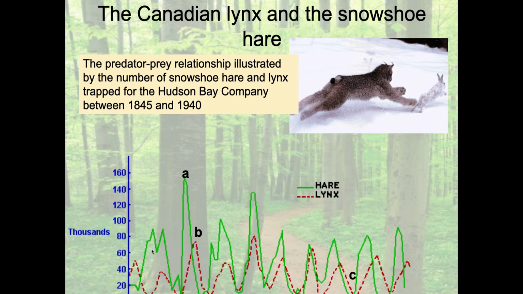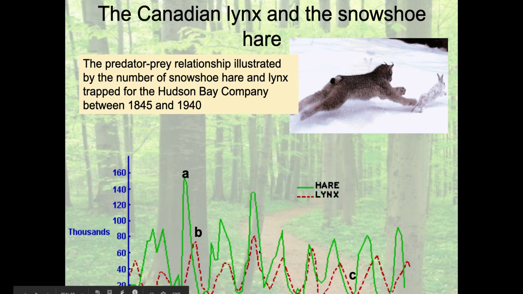You can see as the hare population rises, there's a delay, but then the lynx population rises. So you can see there is a correlation, there is a link between the lynx and the hare population, naturally enough. And you can see how they go in cycles.